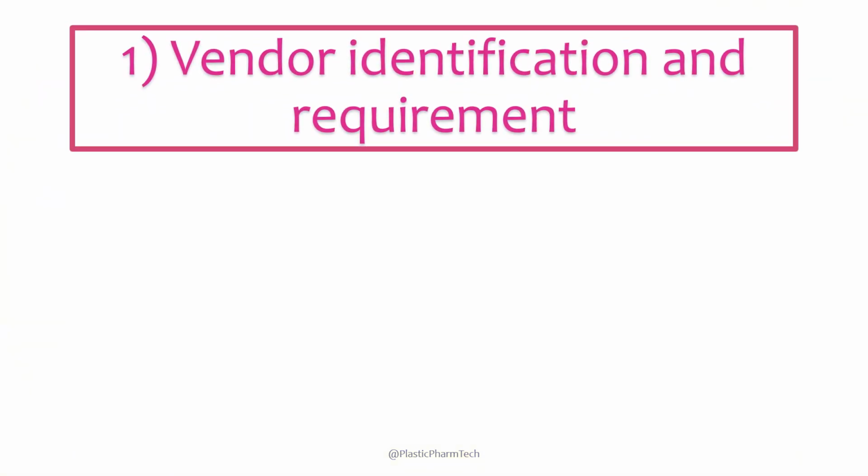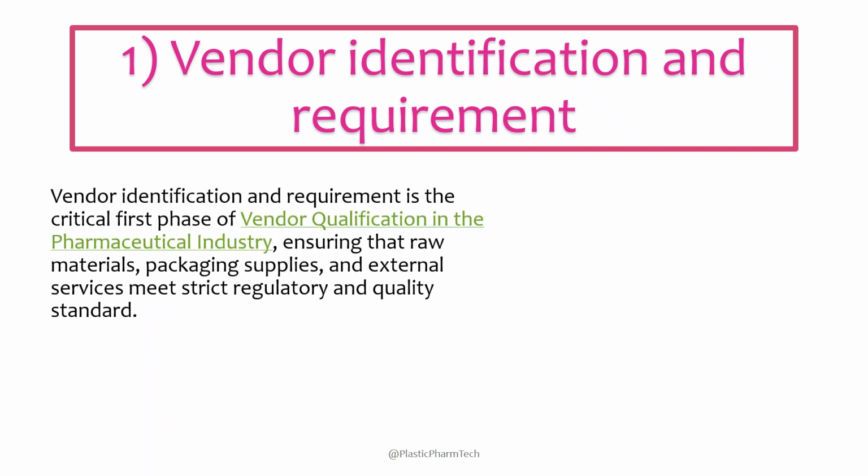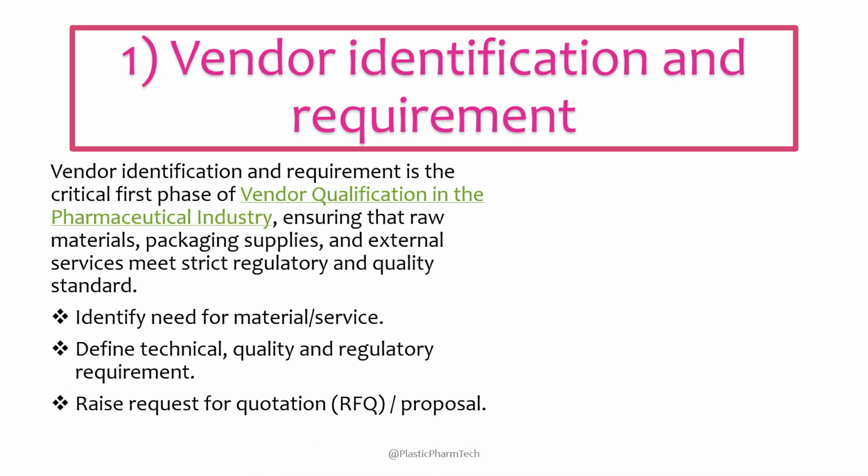The first phase of vendor qualification process is vendor identification and requirement. Vendor identification and requirement is the critical first phase of vendor qualification in the pharmaceutical industry, ensuring that raw materials, packaging suppliers, and external services meet strict regulatory and quality standards.